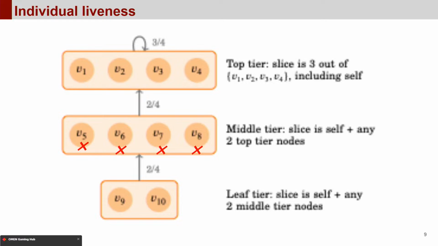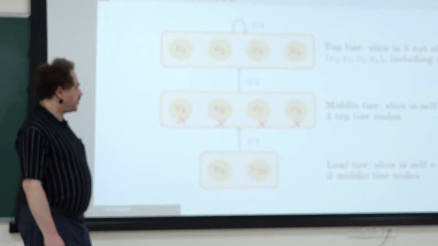So let's come back to this example. It's the same example we saw previously. Now imagine that all nodes here failed. What happens in this case?